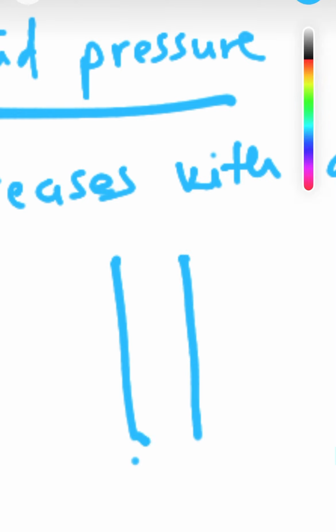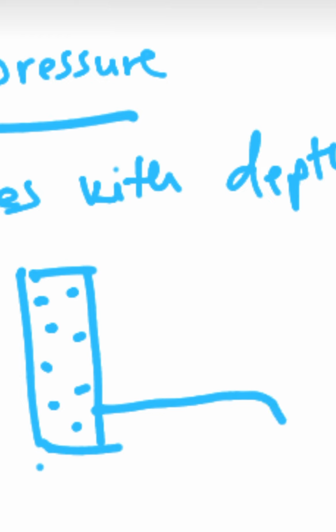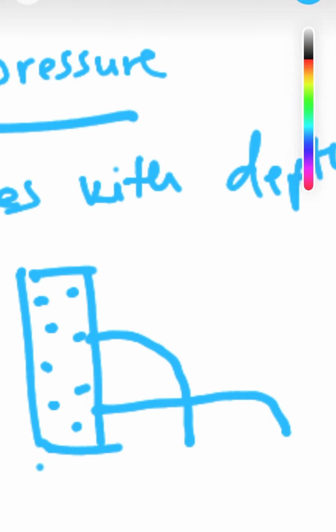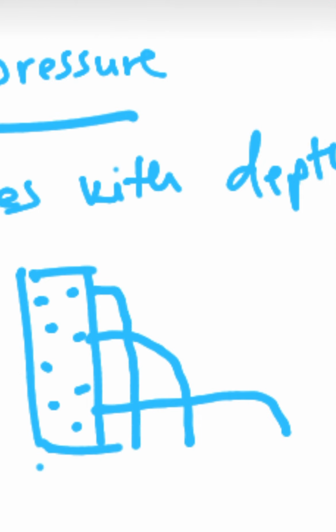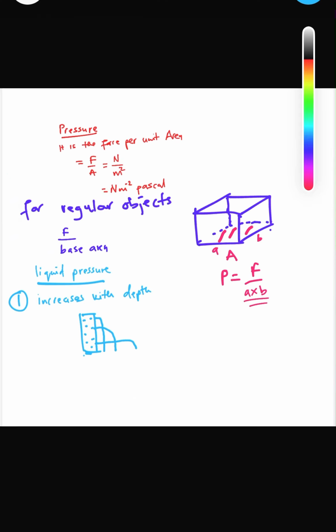If I've got this container which has got a liquid inside, of course, pressure on the bottom, if I was going to be spilling the liquid, it will come here, then of course come here. So these are different heights. If the liquid is getting out of the container, it's going to be showing that the pressure is increasing with depth. So that's what we have.